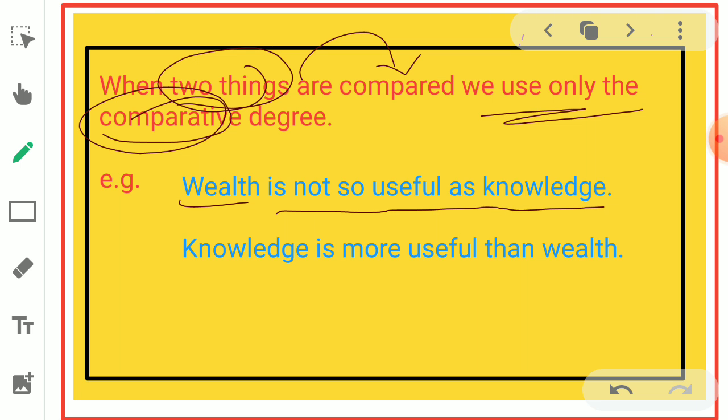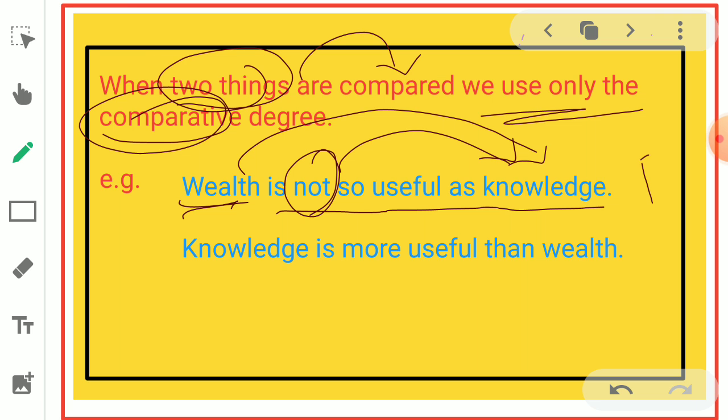Wealth is compared with knowledge, and by adding the negative form, we are giving importance to knowledge rather than wealth. This sentence is in the positive form because we have so, as, with an adjective in between.